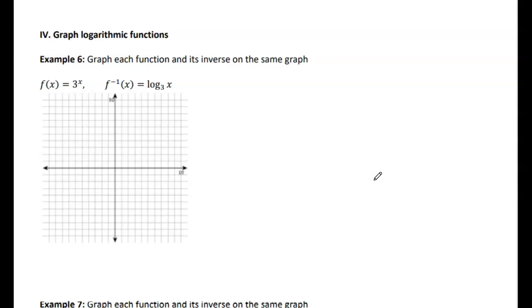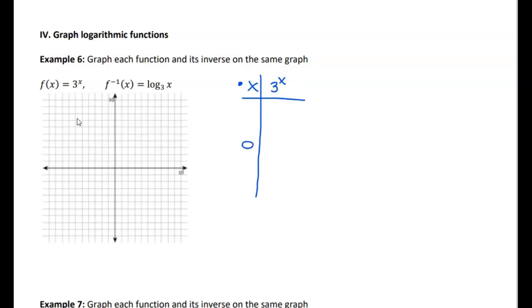Okay, so to graph a log function, you want to base it on the exponential function because they're inverses of each other. So exponentials and logs: 3 to the x is an exponential function and log base 3 of x is its inverse. So you basically want to make the table or the graph for the exponential function.